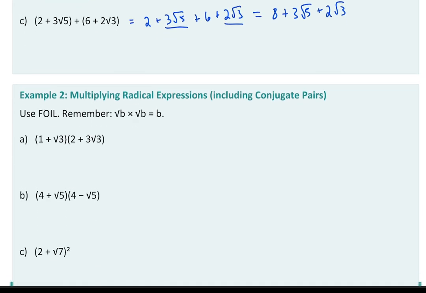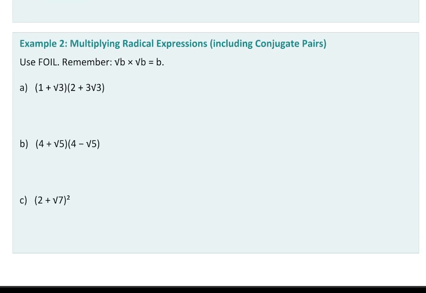All right, now let's practice some multiplication. Here, we're going to treat it a lot like we do when we multiply two linear factors, essentially, when we're doing our foiling method. So we're going to do FOIL here as well. As in, we're going to multiply our first, our outer, our inner, and our last.